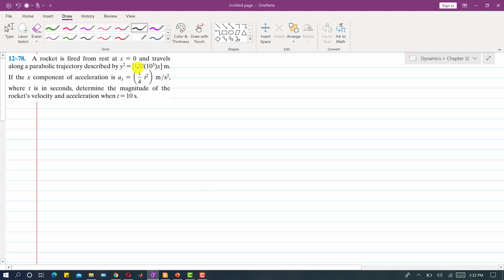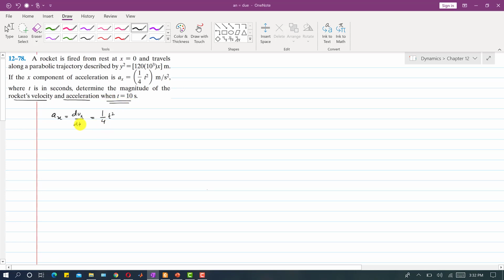So this is the y of x function given, and it is said that the x component of acceleration is ax, which is dvx divided by dt, equal to 1/4 t squared, in meters per second squared. We have to determine the magnitude of the rocket's velocity and acceleration after 10 seconds.